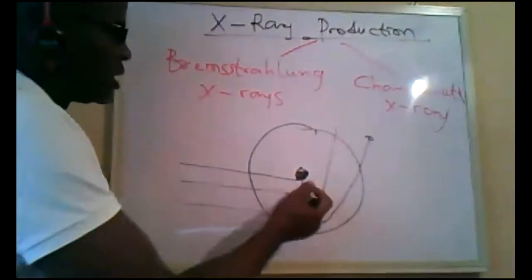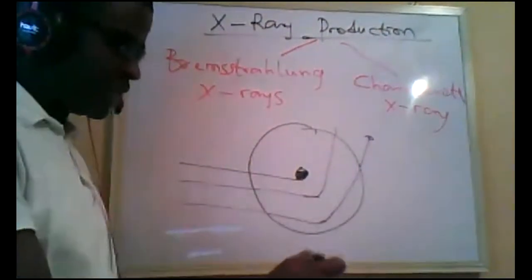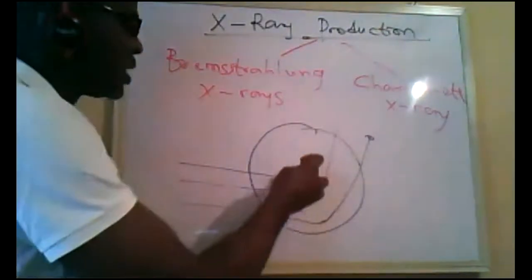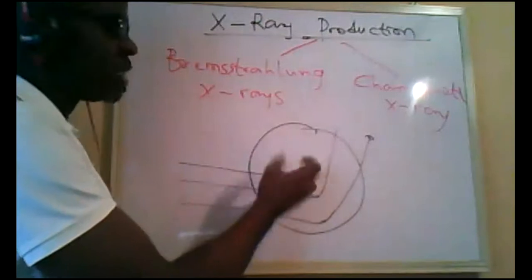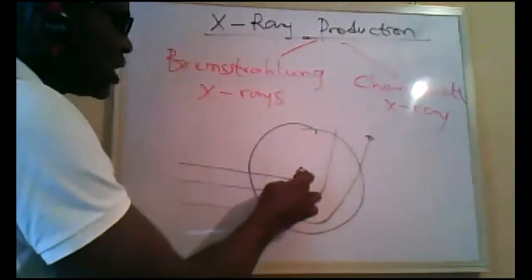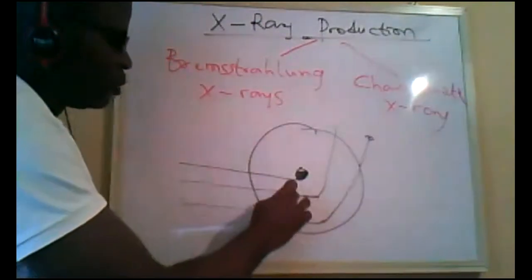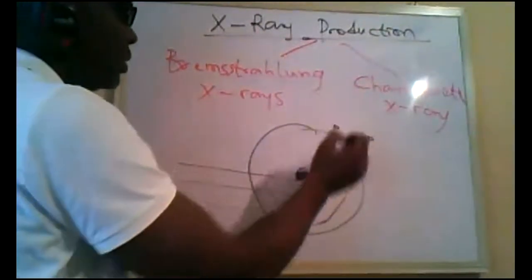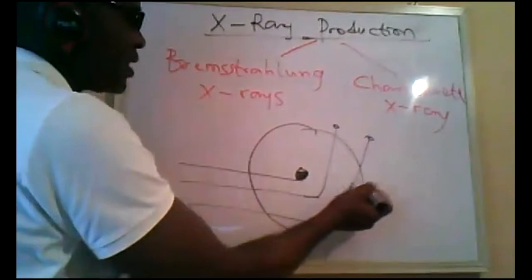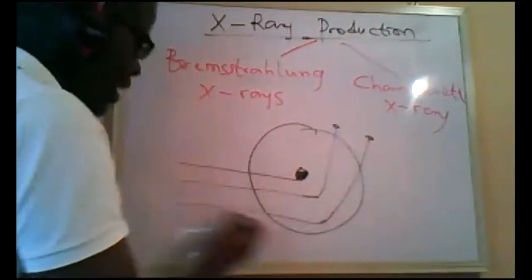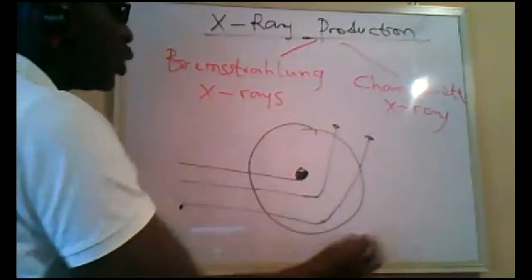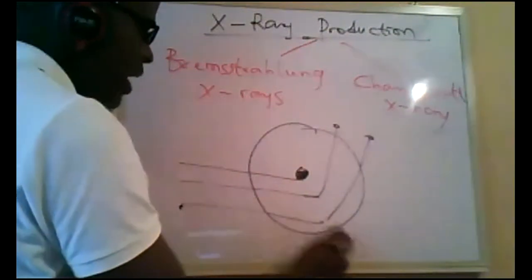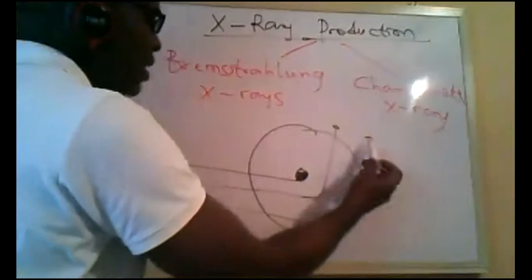So these ones have the greatest amount of retardation, which implies that the rate at which the electron's energy changes is maximal here, followed by here, whereas this one is the minimum. The difference in energy of the incoming electron and the energy of this electron will give rise to an X-ray whose energy is that energy difference.